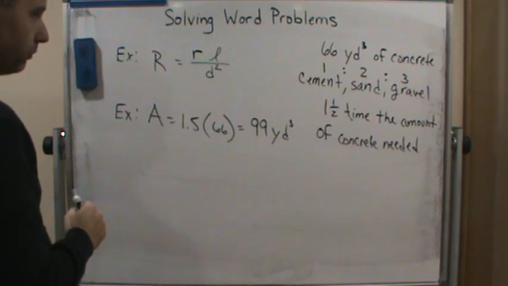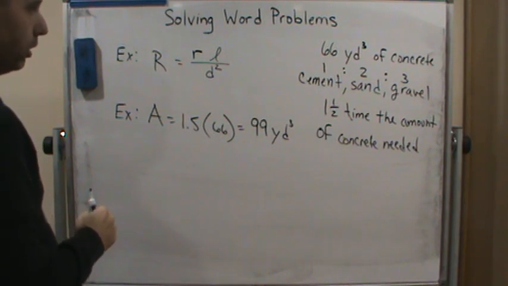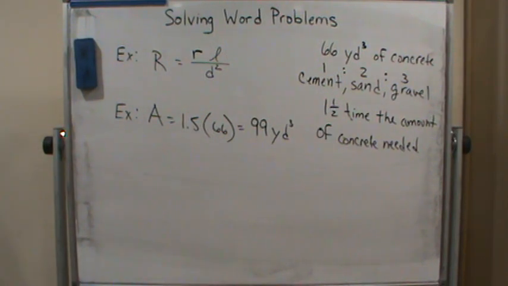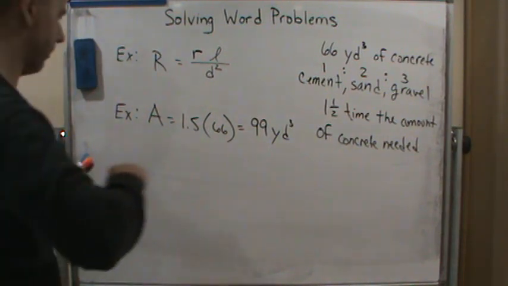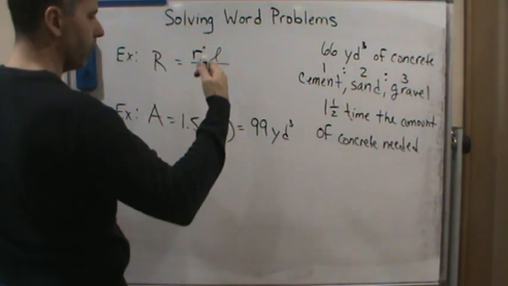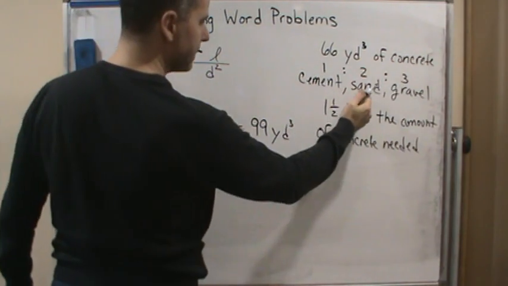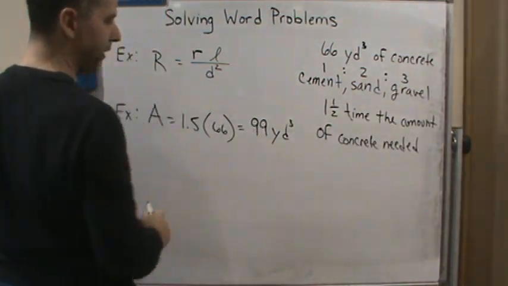Okay? So how do we use that? Well, first of all, we know that the volume of cement, sand, and gravel have to add up to 99.